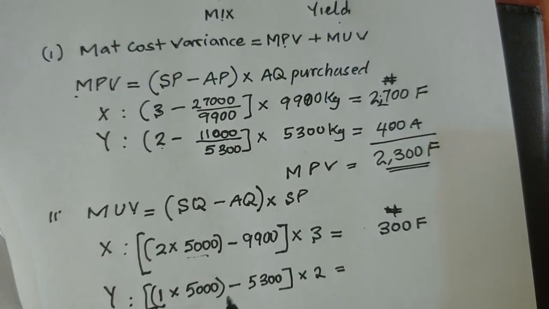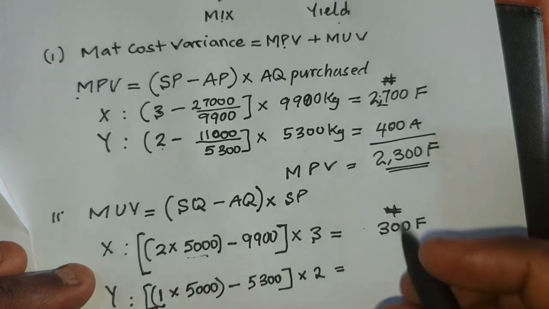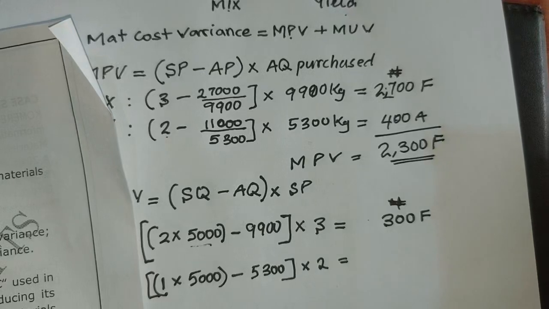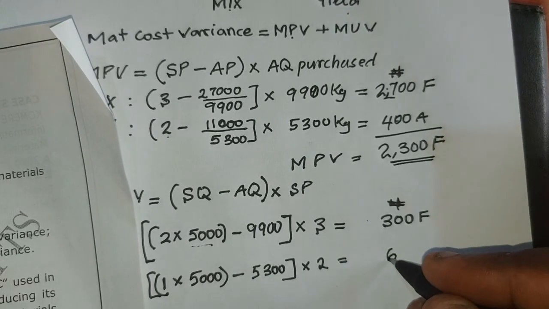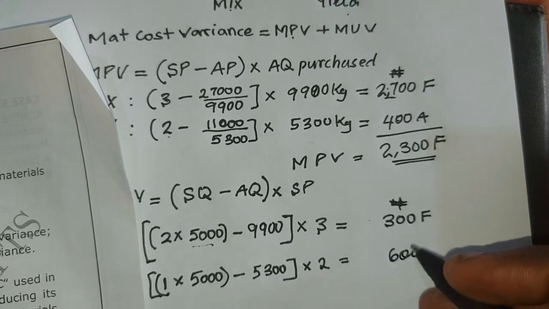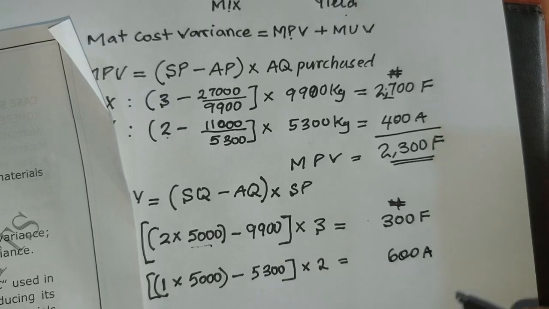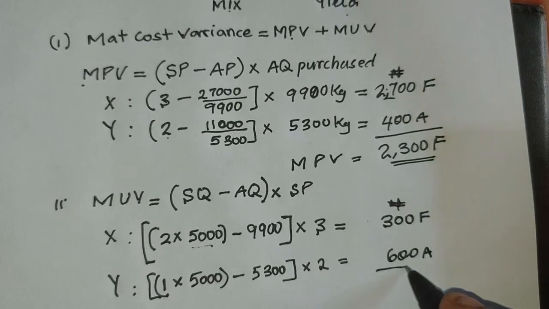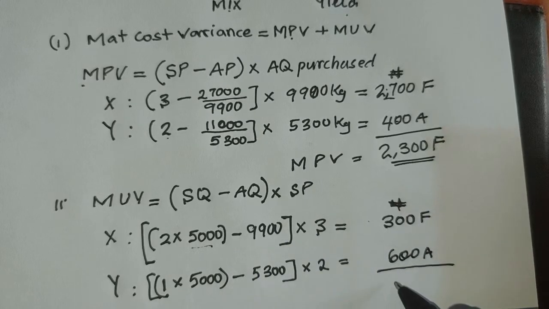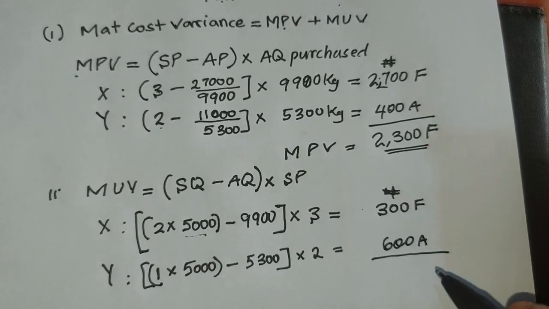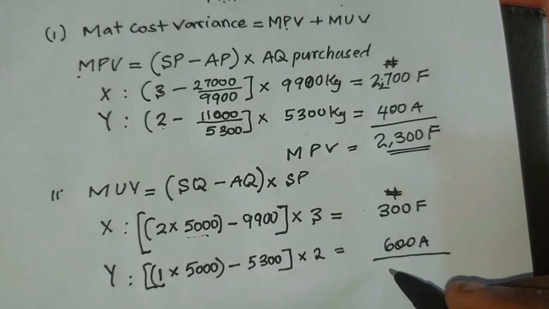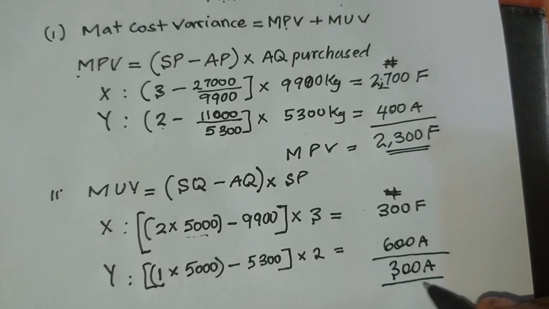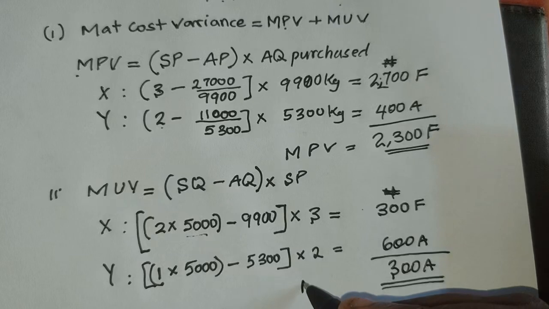When you calculate this, 5,000 minus 5,300 gives you minus 300, so that is 600. But this time around, this is unfavorable, that is, the answer gives you a negative. Then when you combine them, we have 300 adverse.